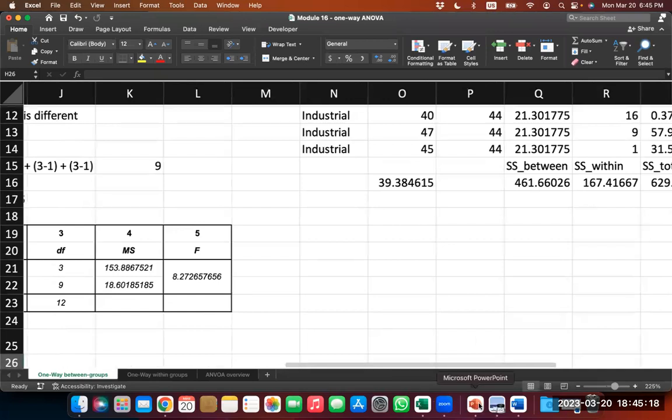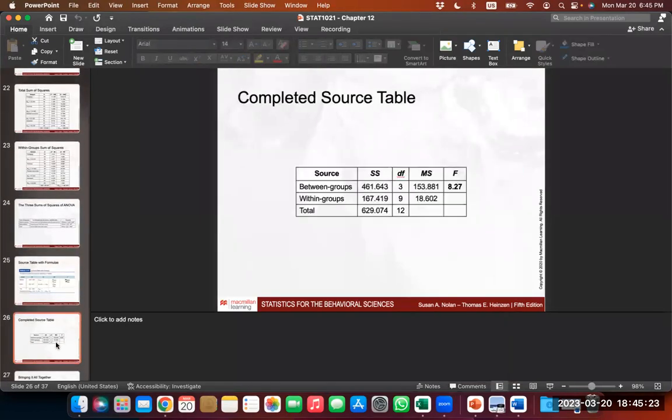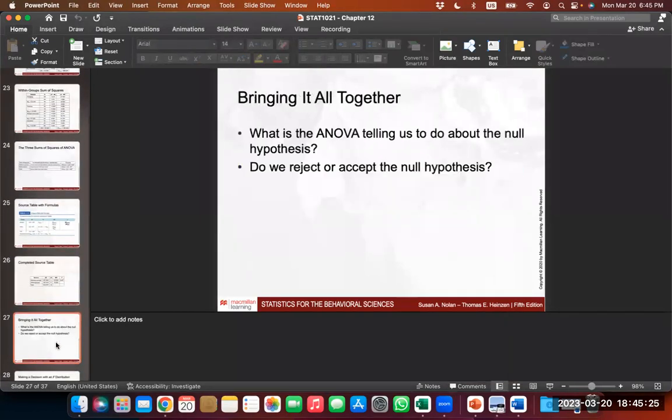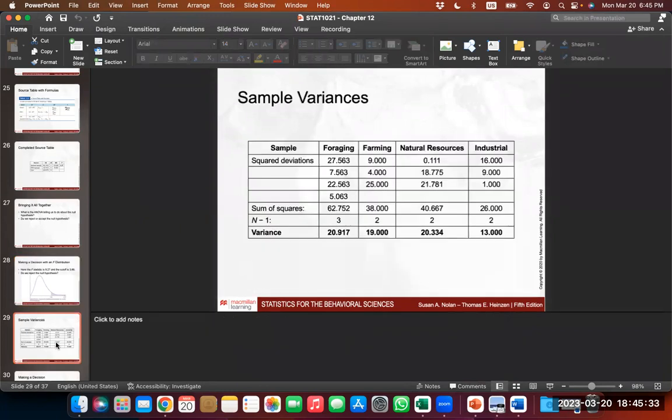And this arithmetic dependency is very important also. So we reject the null hypothesis because it's here, right? That's the depiction. It's exceeding the cutoff. What's also important is this association here.